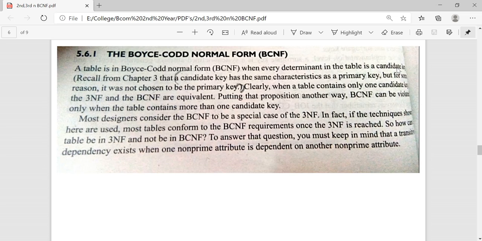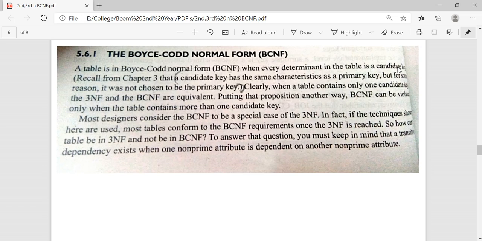So what is a determinant? You know the definition of a determinant: an attribute which helps us to identify the other attribute in the table is called a determinant.